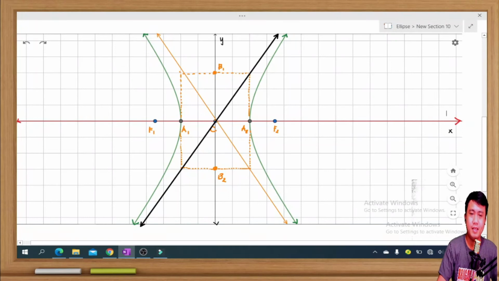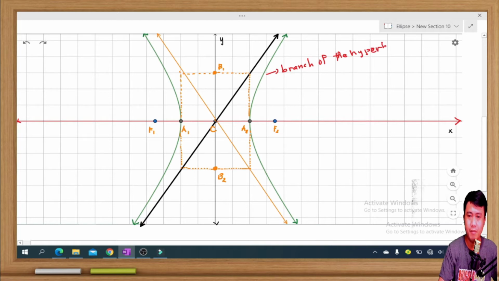So, isunod naman natin yung mga parts first ng hyperbola. And, okay, so, recall natin, alam naman natin that this is the graph of our hyperbola. At tawag natin dyan sa graph ng ating hyperbola, kasi dalawa sila, dalawa branches, branch of the hyperbola.